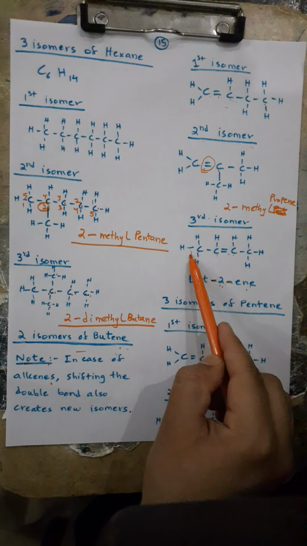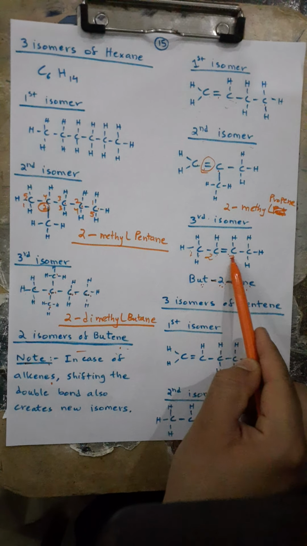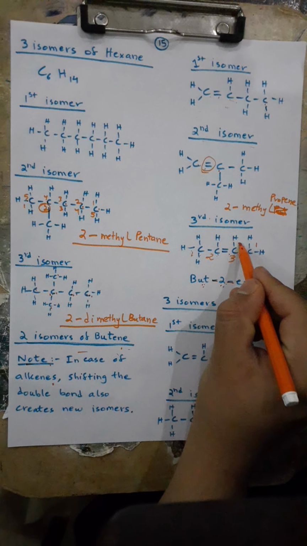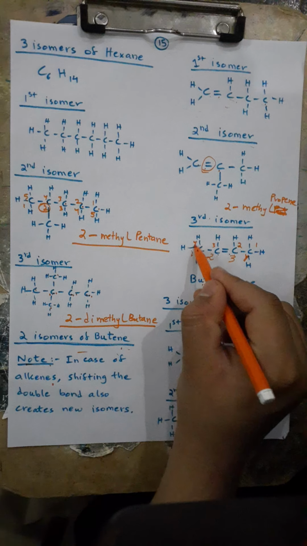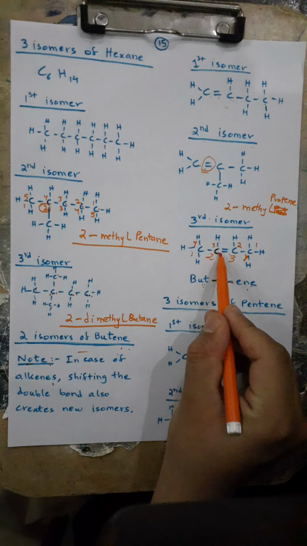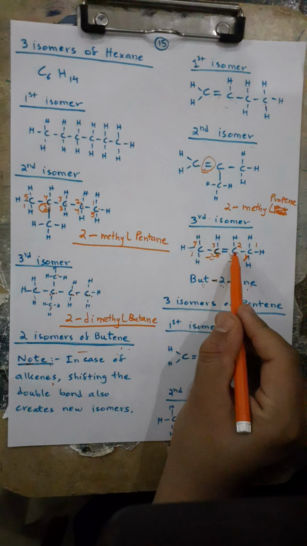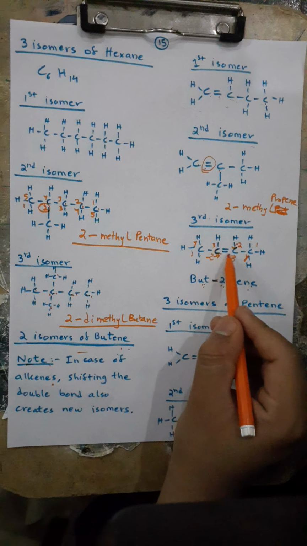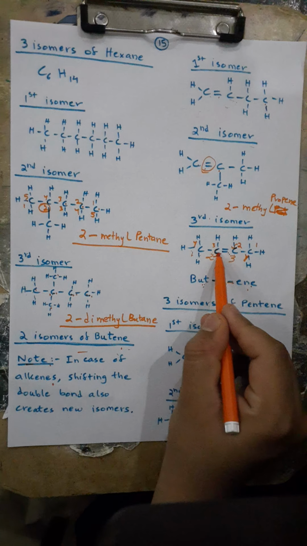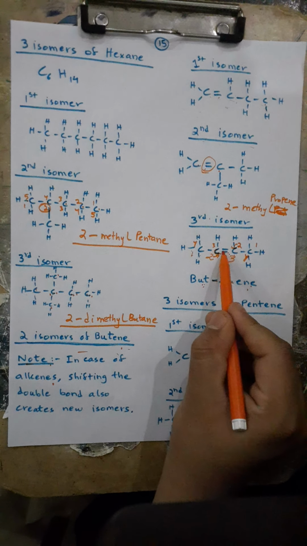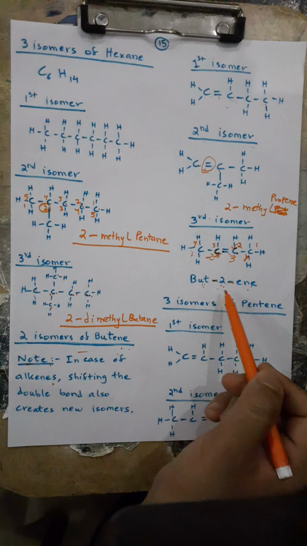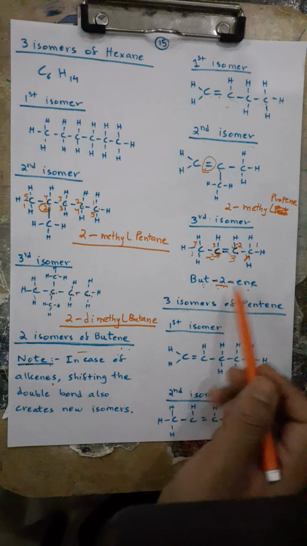Why 2? 1 2 3 4, and from here 1 2 3 4. So from here it's 2, and from here it's also 2, because from here the double bond is on this carbon, and from here the double bond is on this carbon, so 2 from both sides. So we are going to name it but-2-ene.